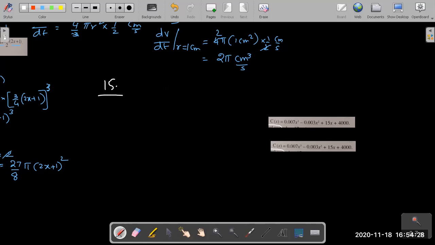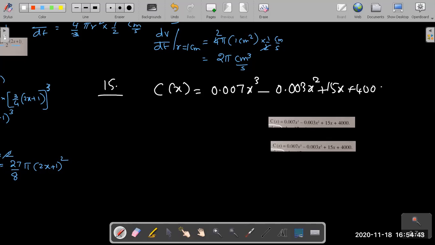The cost function is given as 0.007 x cubed minus 0.003 x squared plus 15x plus 4000. Then the marginal cost is given as dc by dx.